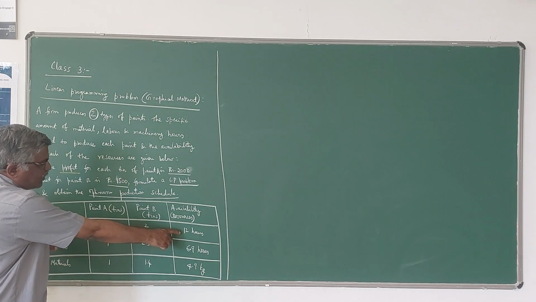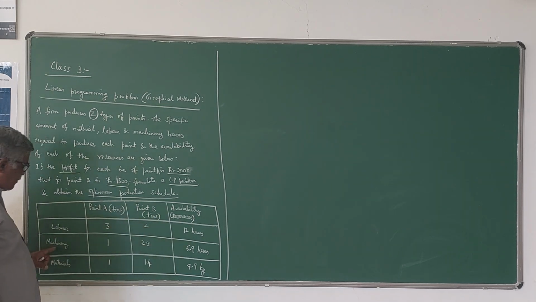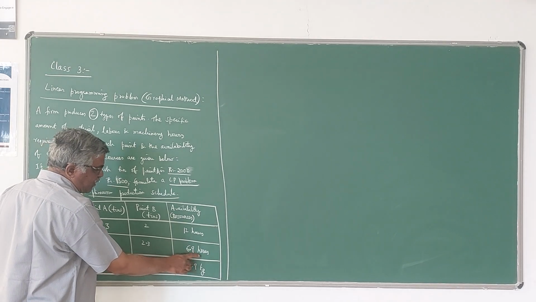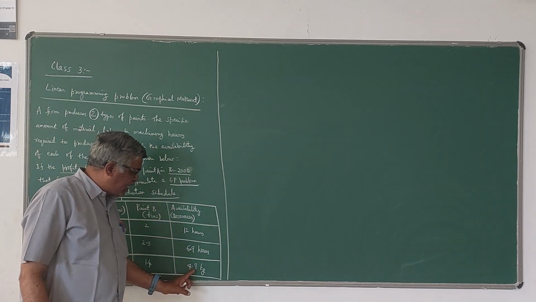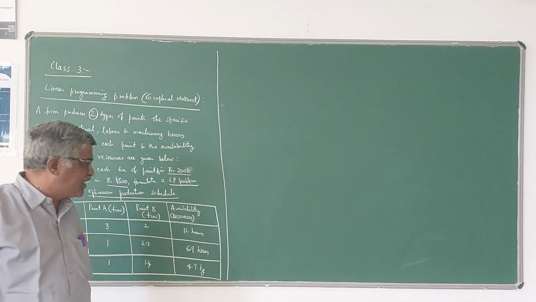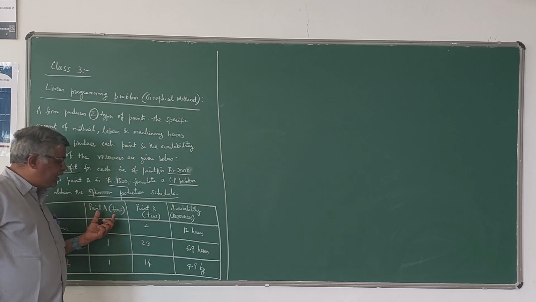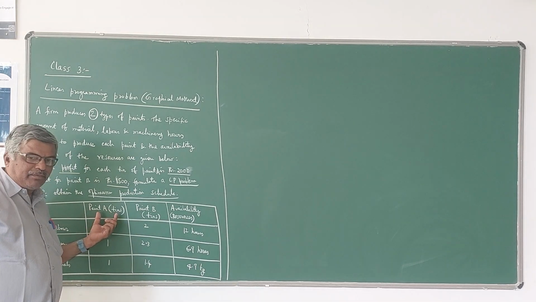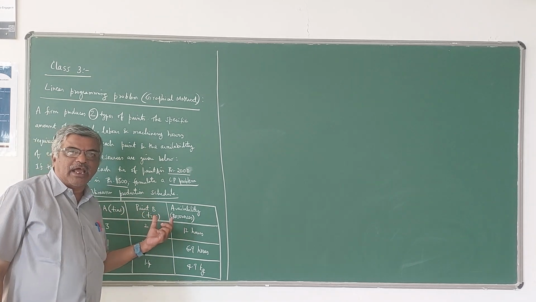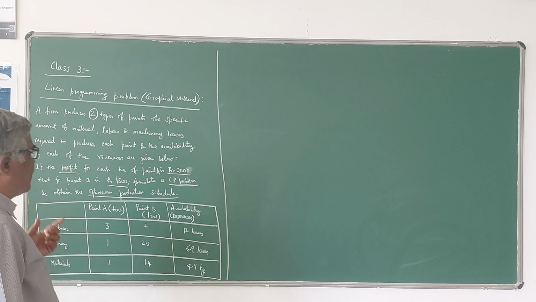The availability of labor is only 12 hours, availability of machinery is only 6.9 hours, and availability of materials is only 4.9 kgs. So units are different here. Now we have to find out how many tins of paint A and how many tins of paint B we have to manufacture so that the profit is maximum.